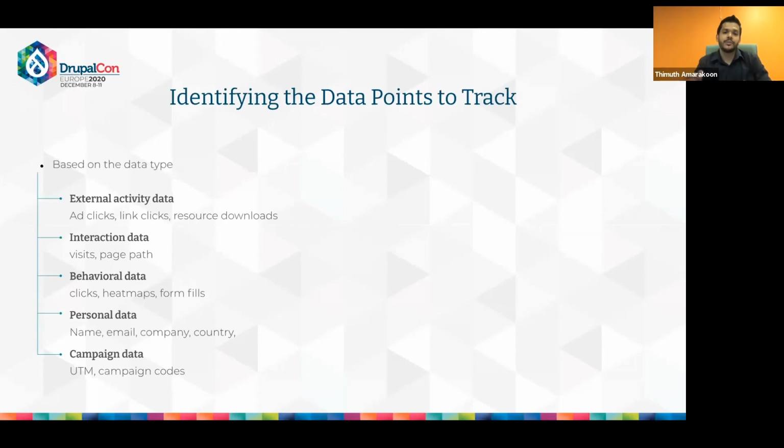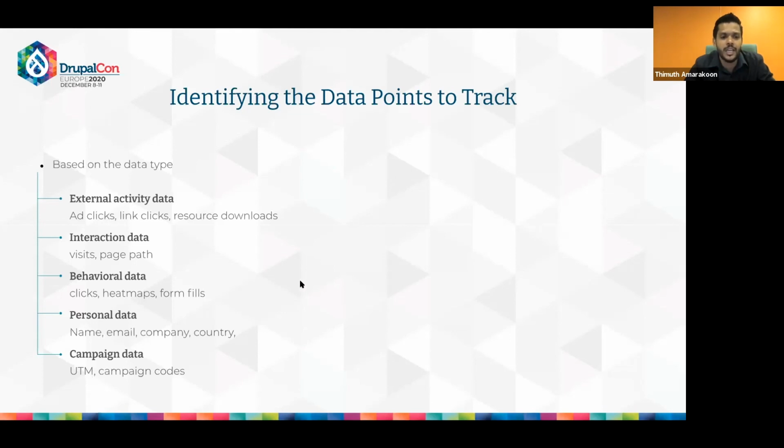So what are the data we should capture? There can be multiple ways of looking at the data. For an example, you can say, okay, external activity data. You can capture the ad clicks happening outside of your website, or link clicks. Or you can collect the interaction data, like when they land on your site, the visits, the paths, or the behavioral data, like when they scroll the page, click on the links, and when they fill forms.